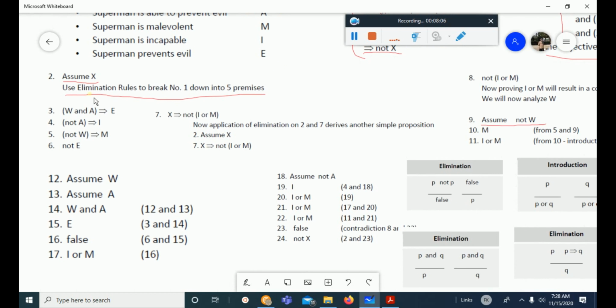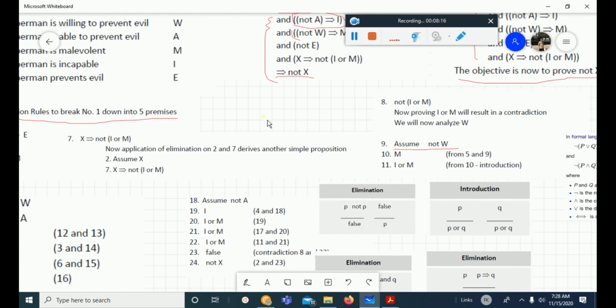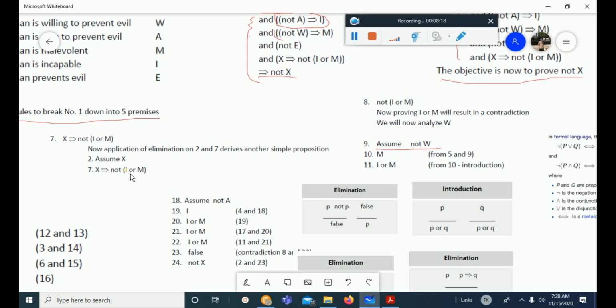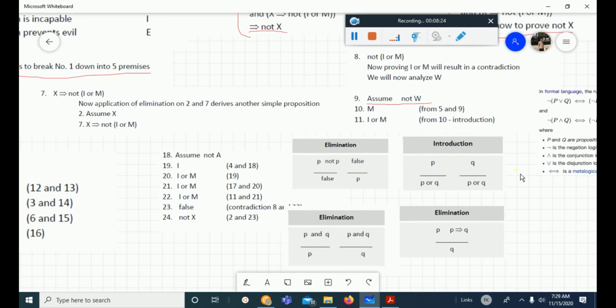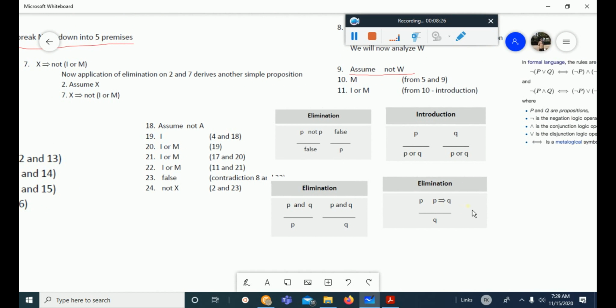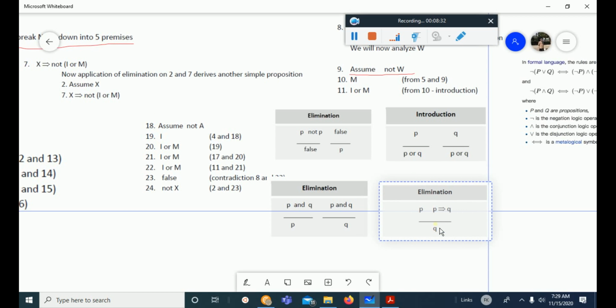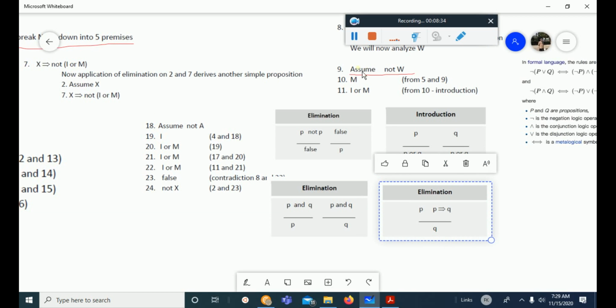What this means: in 2 we have assumed X, and in 7 we have X implies not I and not M. Now we can apply the elimination rule, P implies Q, so we can get Q from it.